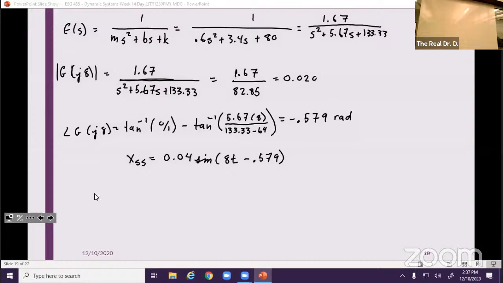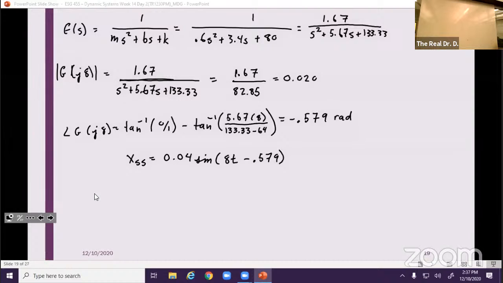Then I plug in my values, then I put it in standard form. If you put this in standard form, what is your DC gain? Yes, 1.67 over 133.3. That's the DC gain.